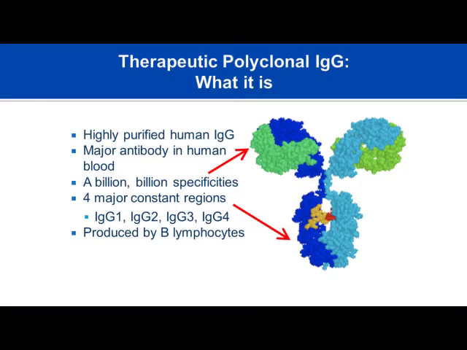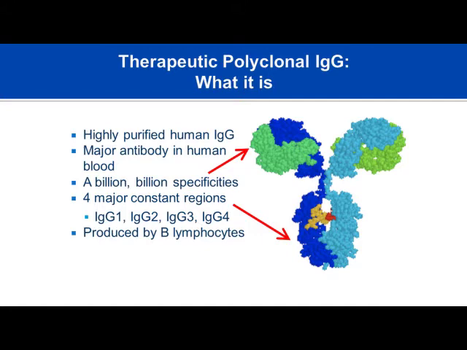So in the way of introduction, let's talk about what therapeutic polyclonal immunoglobulin actually is. As you see from the diagram in this slide, this is a space-filling model, magnified many, many times, of an antibody molecule.